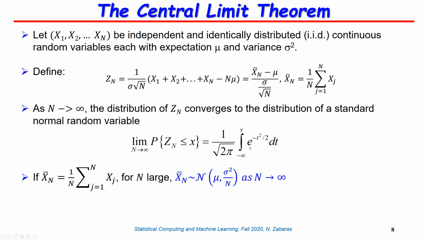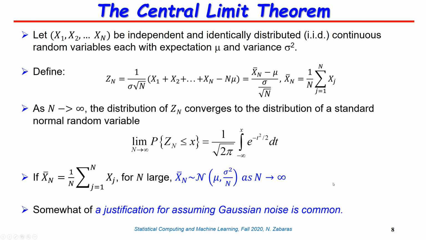And you see the PDF of that variable. So you can use it in this form, or in normalized form, x bar n minus mu over this standard deviation follows a Gaussian with mean 0 and standard deviation 1.